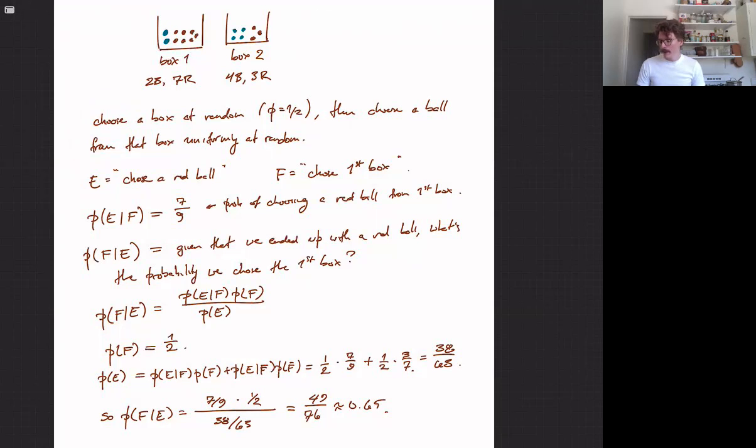And Bayes' theorem is giving us a way to quantify this. In fact, given the composition of the two boxes, we are about 65% confident that it came from the first box. And I guess the probability that it came from the second box is then the complementary thing, 35%, 0.35. So there is a first example of Bayes' theorem.